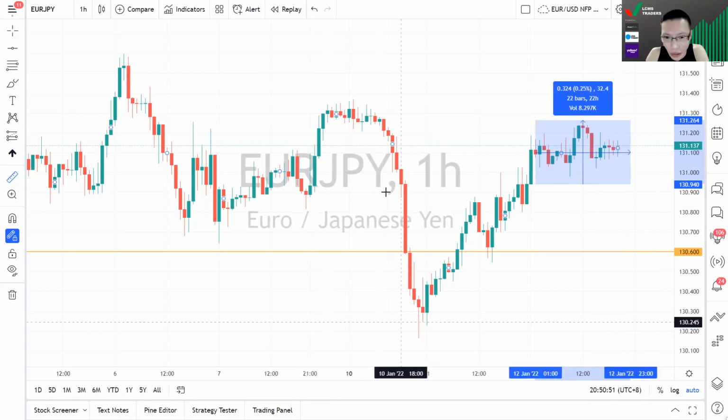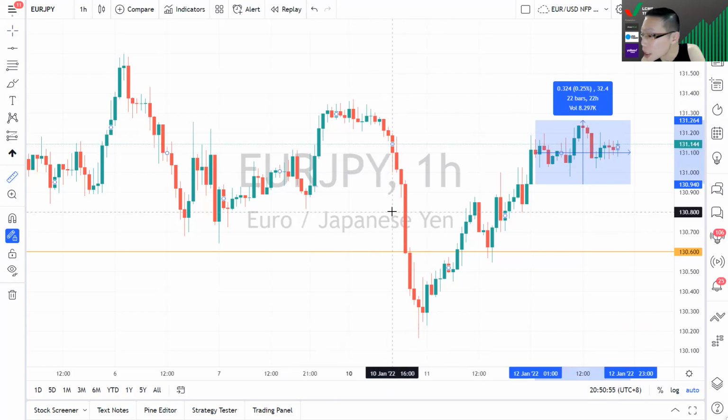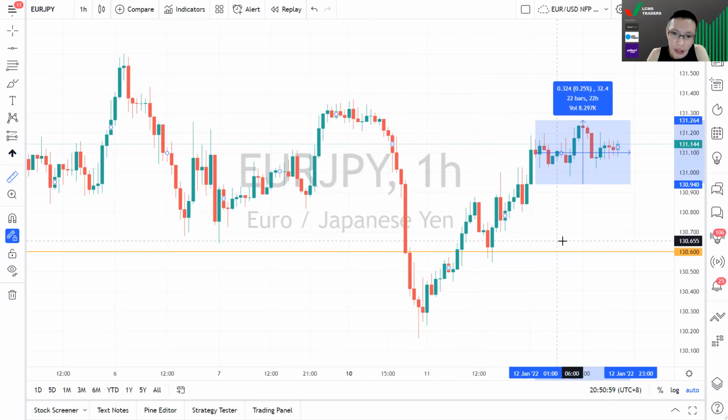This red, strong downward move over here, which was on the 10th, I think 2 days ago on Monday, may actually be due to the strong risk-off sentiment, probably caused by the whole North Korean missile issue and things like that.